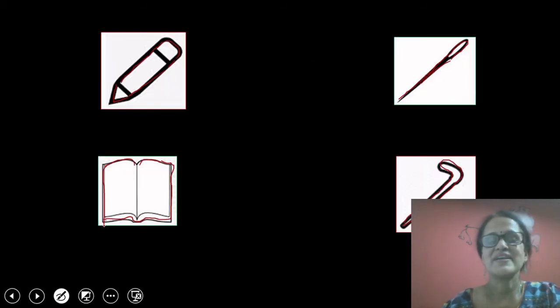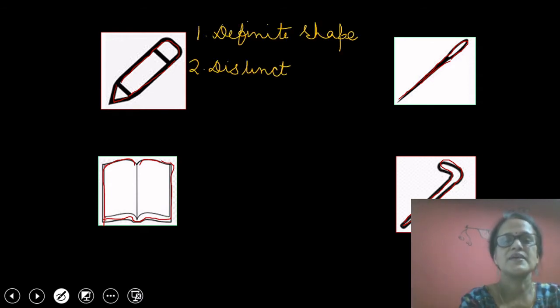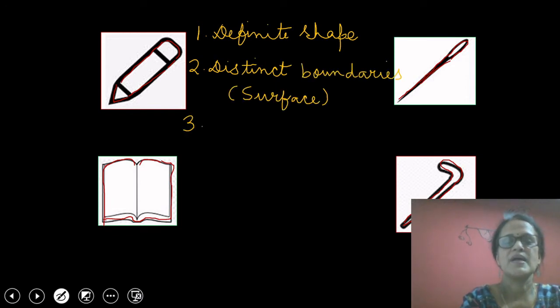You will find that all these items have a definite shape and distinct boundaries. Boundary means surface. And they have a definite volume. Children, do you know what is volume? Volume is the space occupied by an object. So we can conclude that solids have definite shape, distinct boundaries, definite volume.